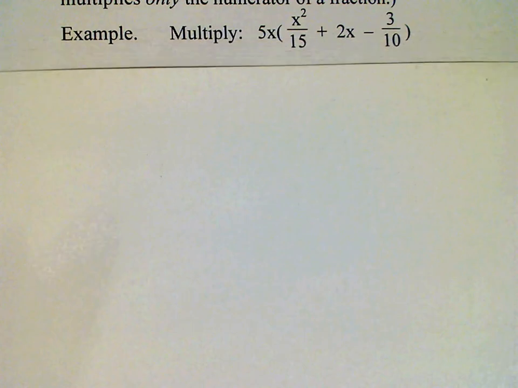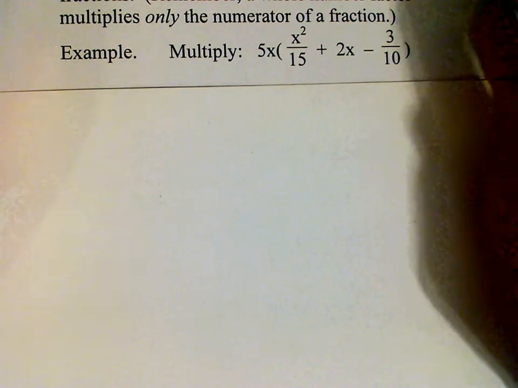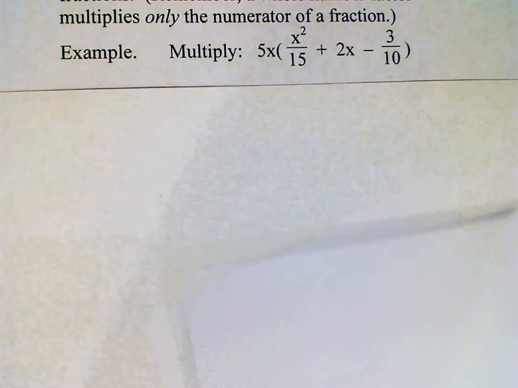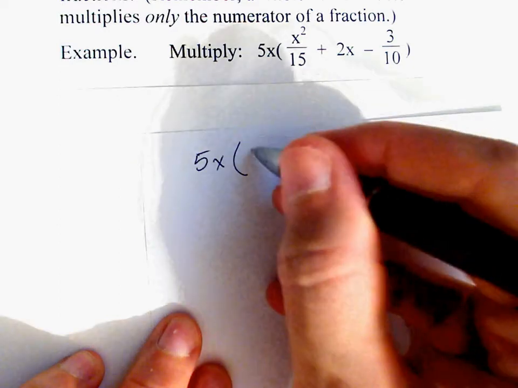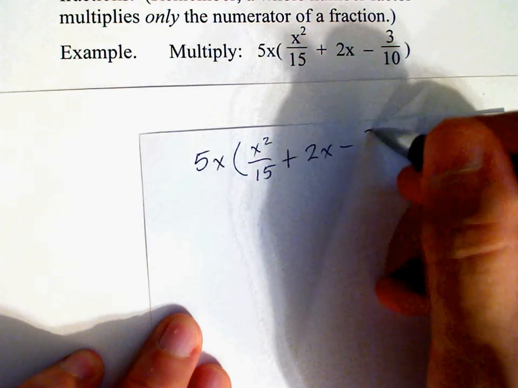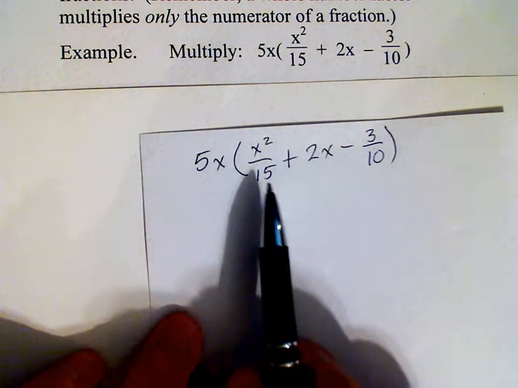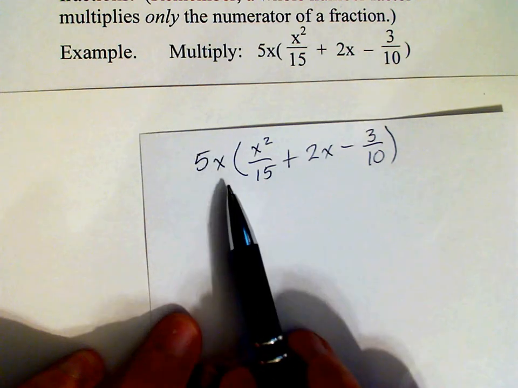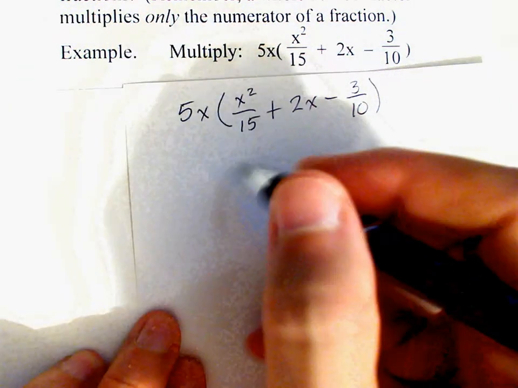Okay, so for example, we have to multiply 5x times x squared over 15 plus 2x minus 3/10. We do see two fractions in this trinomial, and so we must be careful when applying the 5x monomial factor only to the numerator of those fractions.